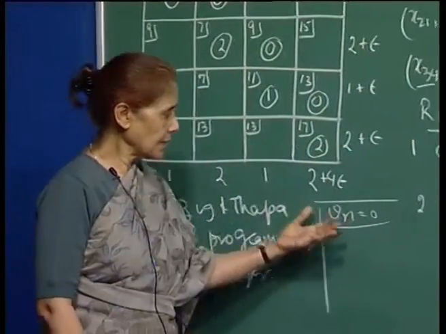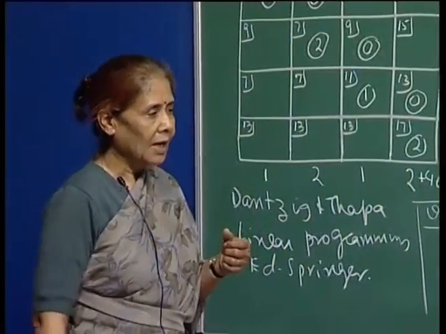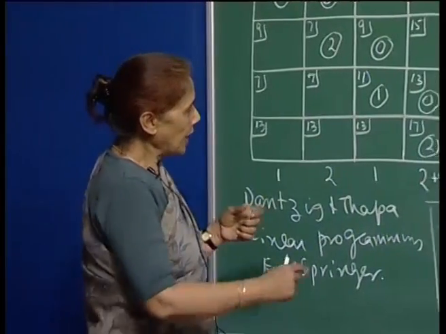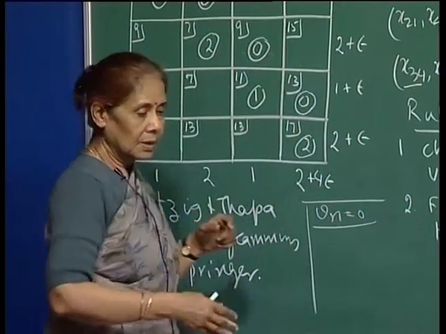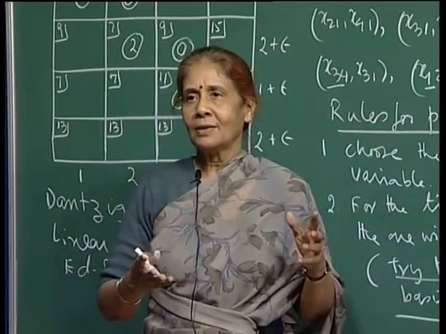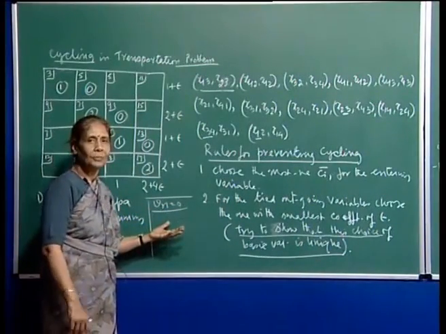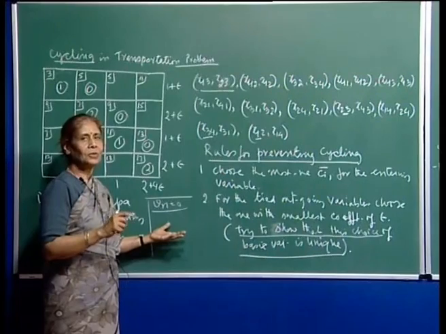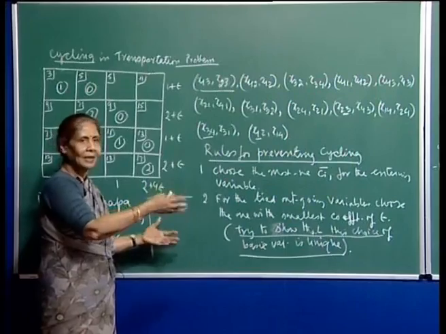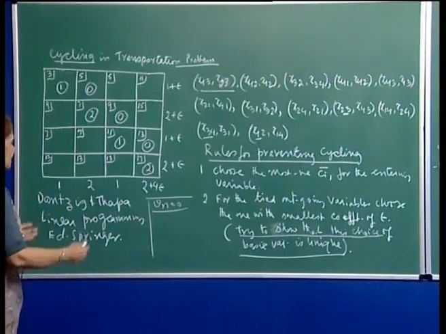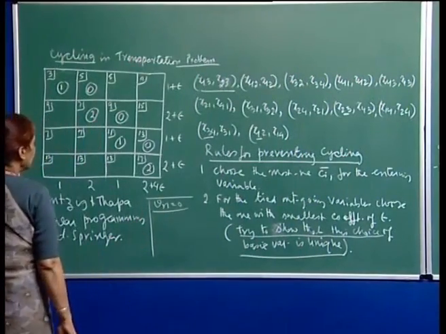A good thumb rule to make your calculations fast is to choose the vj equal to 0 for the column with the maximum basic cells, because then all the ui's get fixed immediately, and then the remaining vj's can be determined.